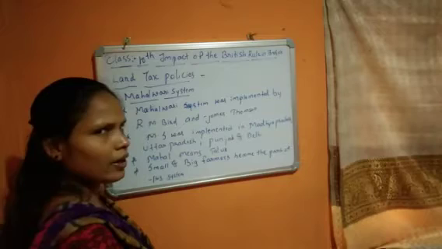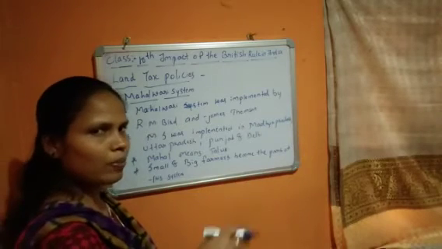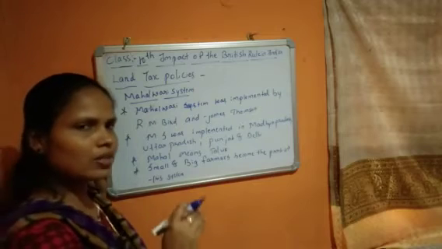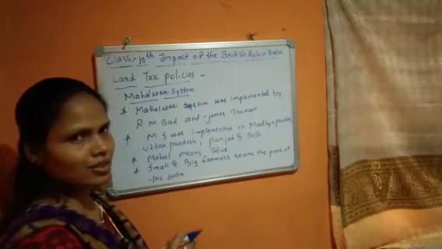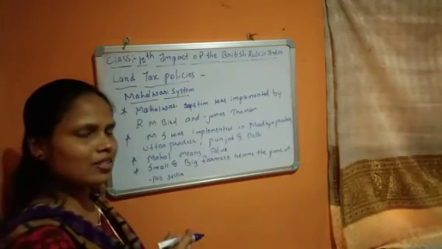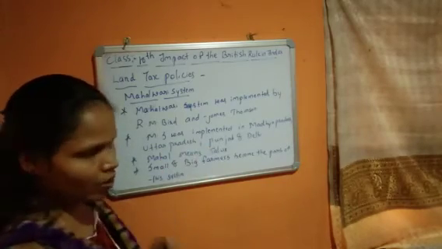Both small and big farmers had to pay tax to local zamindars, and local zamindars paid this tax to the East India Company. The East India Company paid this tax to the British government.